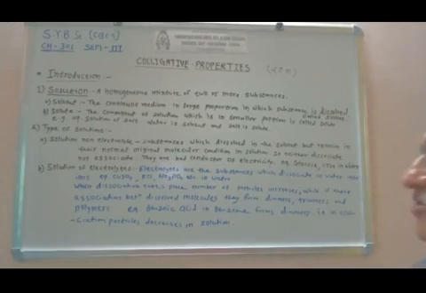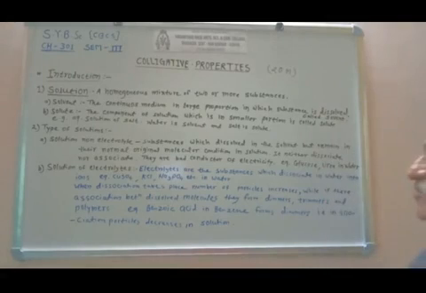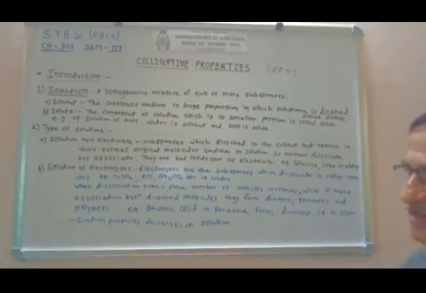Second is solution of electrolytes. Electrolytes are substances which dissociate in water into ions. Here ionization is the important factor. For current to flow, ionization is required. For example, when copper sulfate, KCl or sodium phosphate are dissolved in water, they form ions.